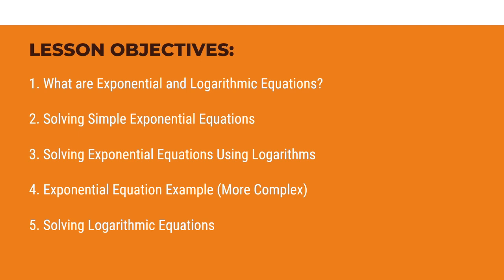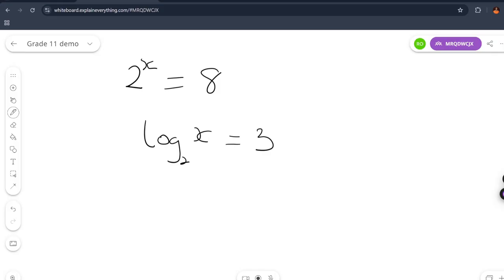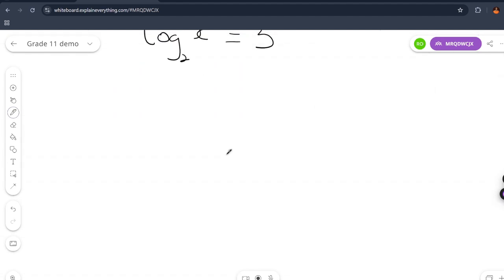Now we will be solving simple exponential equations. Let's solve 3 raised to the power x equals 81. The first step is to express both sides in the same base.